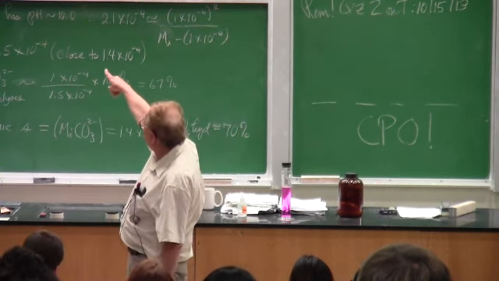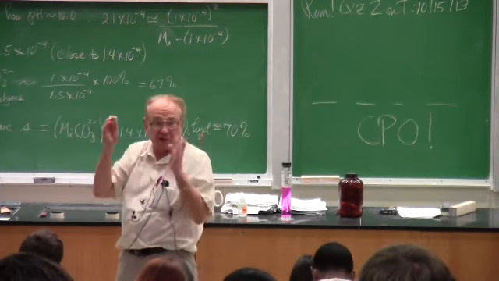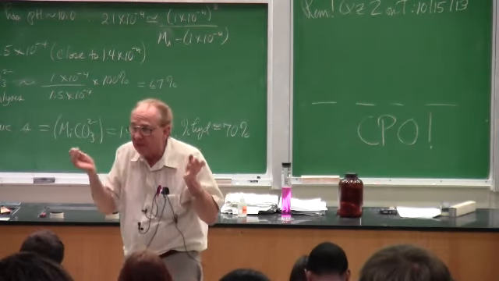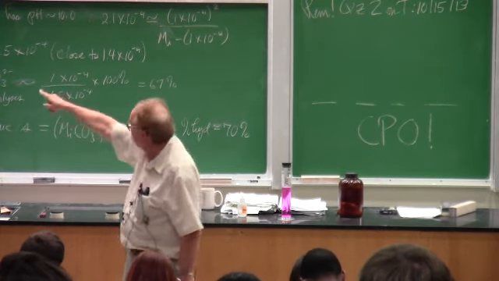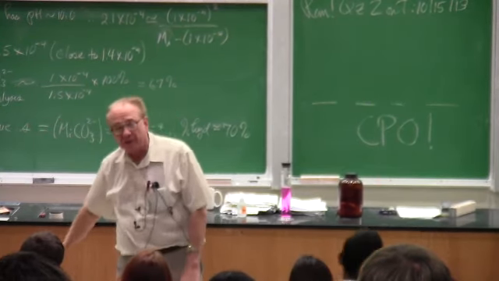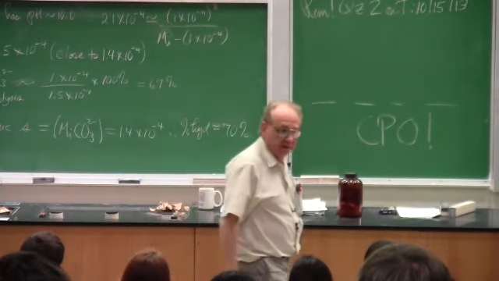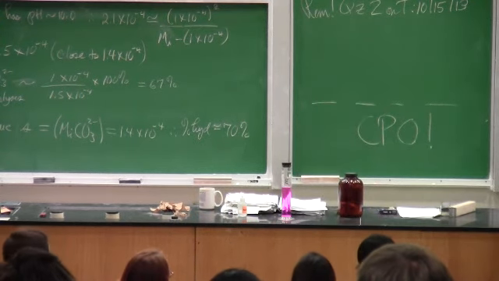If I write KSP for calcium carbonate as the calcium ion molarity times the carbonate ion molarity, which is legitimate, I have to be on my toes because that is not a stoichiometric reaction, and that's not a stoichiometric equilibrium constant, because the calcium ion and carbonate ion molarities are nowhere near equal. So how about this?